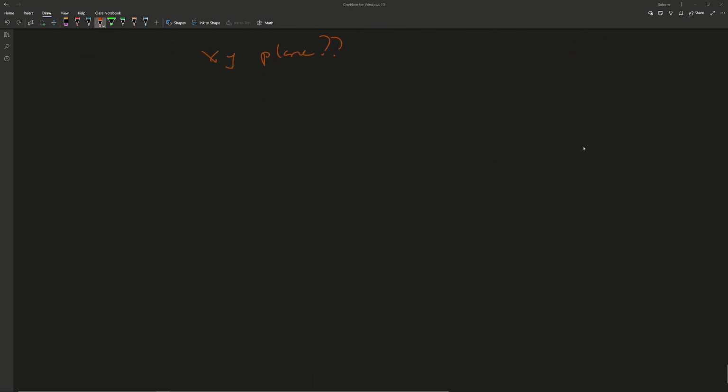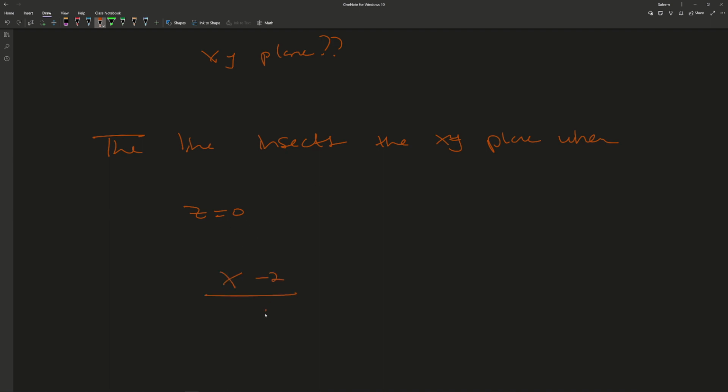So we can say the line intersects the xy plane when z is equal to 0. So we just remain with x minus 2 upon 1 and y minus 4 upon negative 5, which will remain the same, and this will become 3 upon 4.